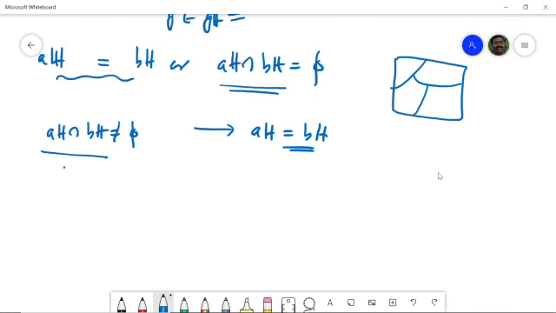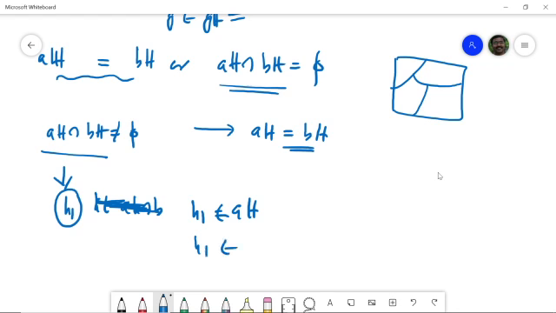What do we mean by aH intersection bH not equal to phi? That means there exists some element with the property that it lies in aH intersection bH. I'll call this element h_1. This h_1 lies in aH, and also h_1 lies in bH.